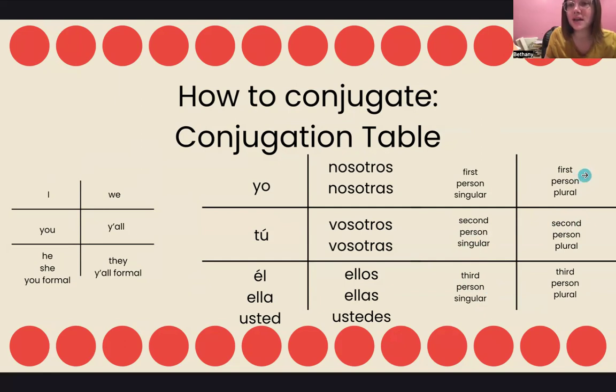Nosotros, nosotras is first person plural because it's I and a group of people, so it's more than one, which is plural. Vosotros, vosotras is second person plural, again more than one. And then ellas, ellos, ustedes is third person plural. That's just a tip because sometimes you will see it referred to that way.